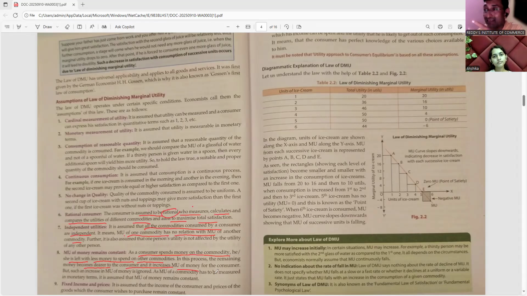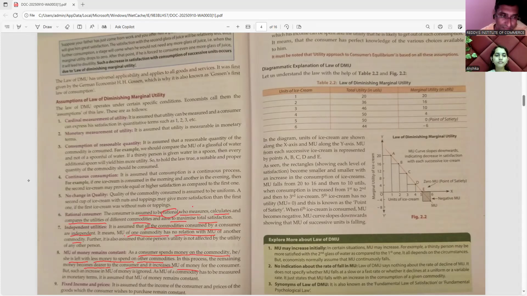So in this case, both MU are neutral, both MU are the same, because you have not consumed more than expectation. So your utility will remain the same in this situation also.